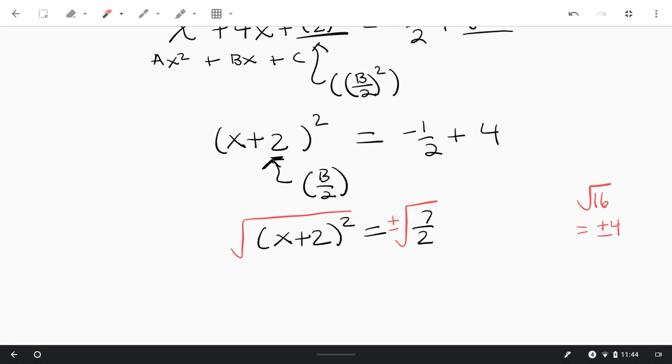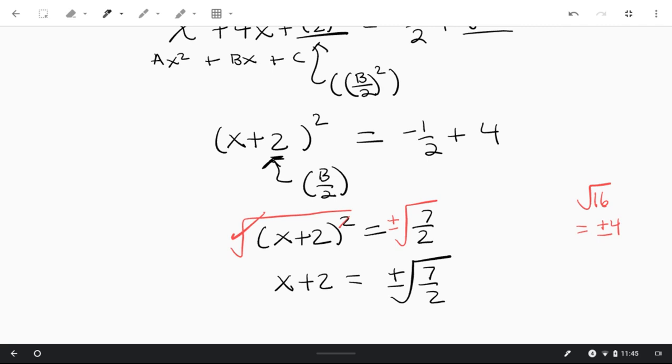But it could also be negative 4, because negative 4 times negative 4 is also 16. Okay, so we have these 2 answers here, plus minus the square root of 7/2. This here cancels out the radical. Okay, and so I get x plus 2 equals plus minus the square root of 7/2.